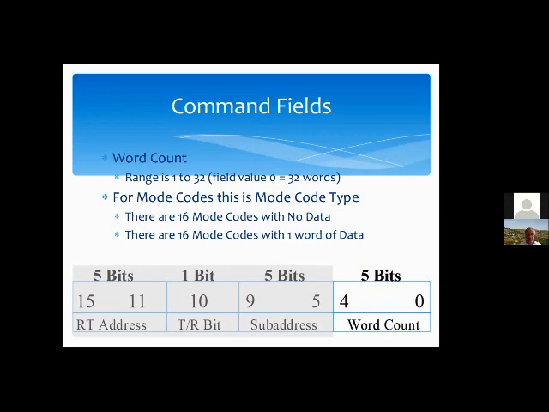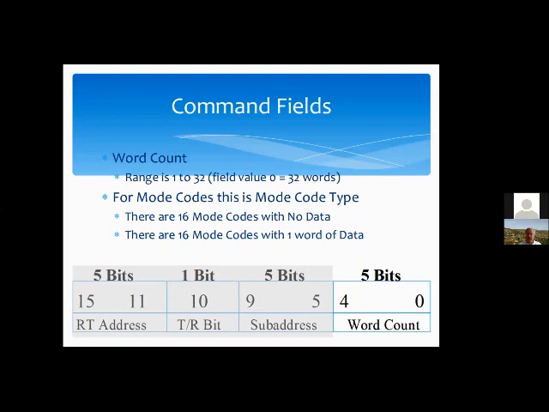So for example, there's a mode code that says don't use bus B. And normally it's up to the bus controller, as with everything else, which bus to use. But he can tell a particular RT that your bus is noisy.